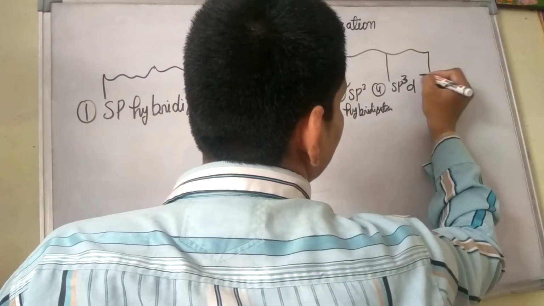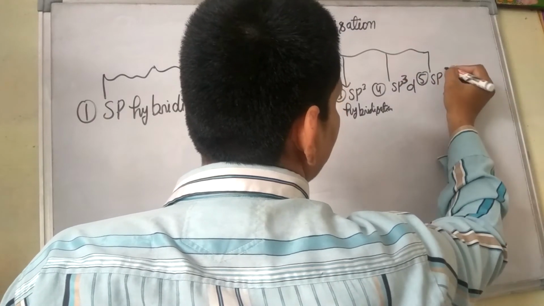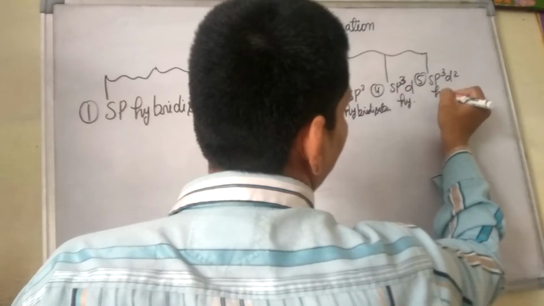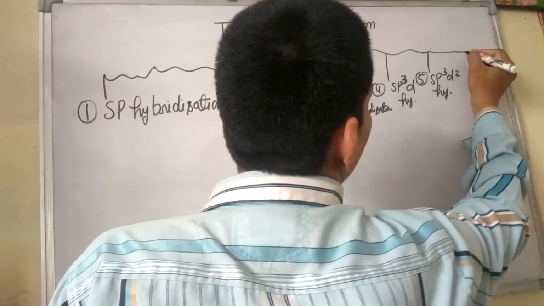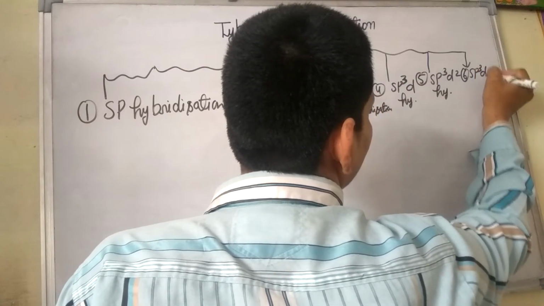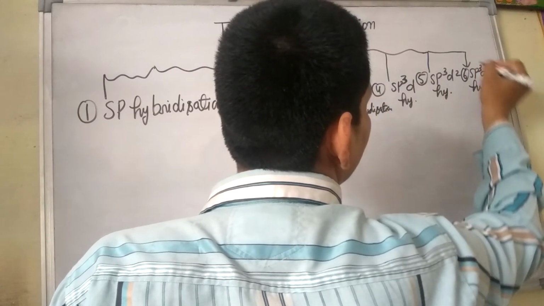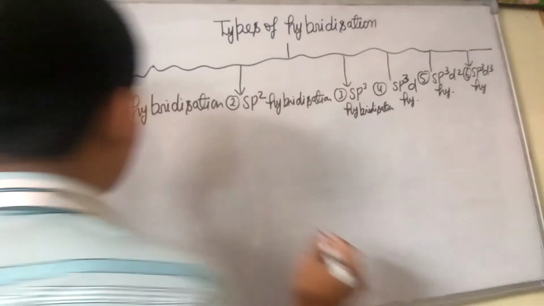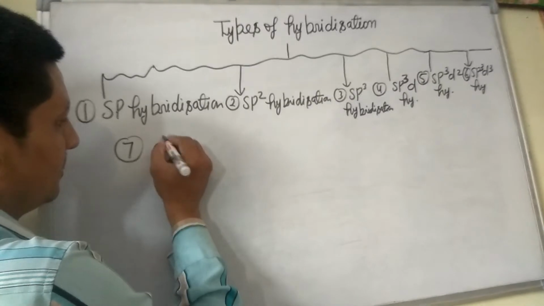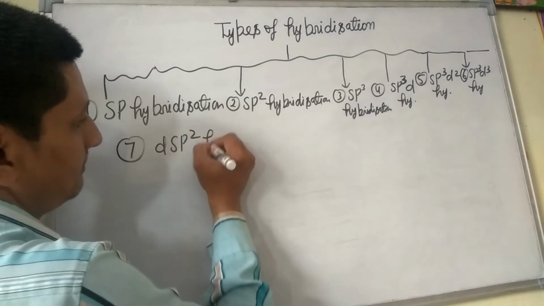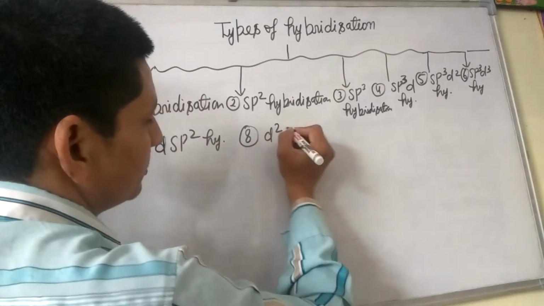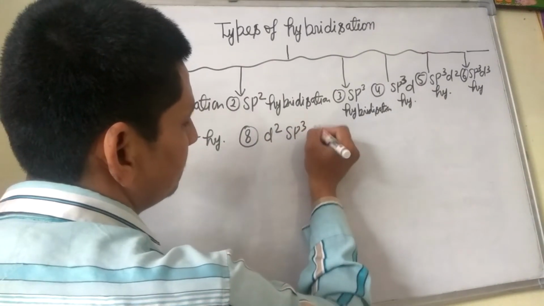Number 5, sp3d2 hybridization. Number 6, sp3d3 hybridization. And after this, number 7, dsp2 hybridization. Number 8, d2sp3 hybridization.